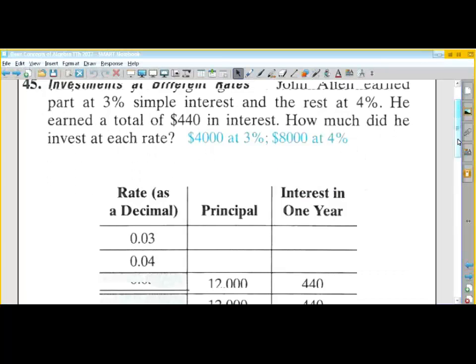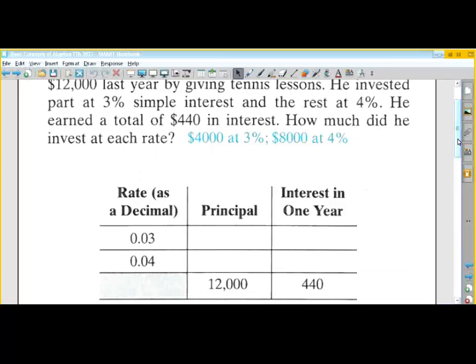So it's kind of like the mixture problem in some sense, because we have this column, which is the amount of money he has, and there's going to be an amount invested at the lower rate and the amount invested at the higher rate. This column will give me the equation that I will solve for the unknown.